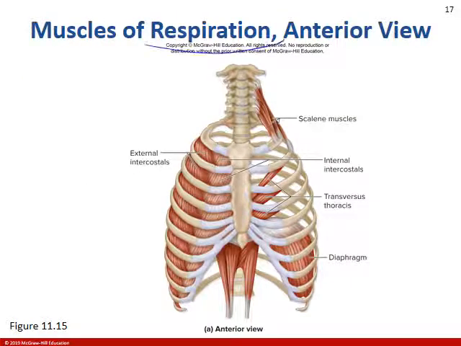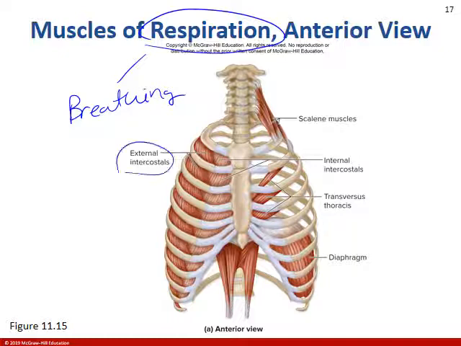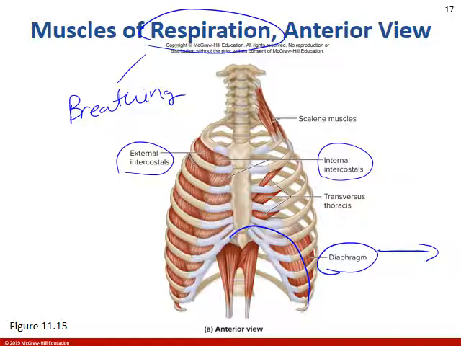Now we move on to the muscles of respiration. We know this as breathing. So here we have the external intercostals and the internal intercostals, and then the diaphragm that we'll see on the next slide. Here the external intercostals stop just before the costal cartilage here.